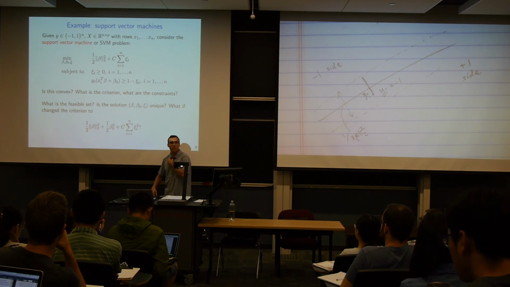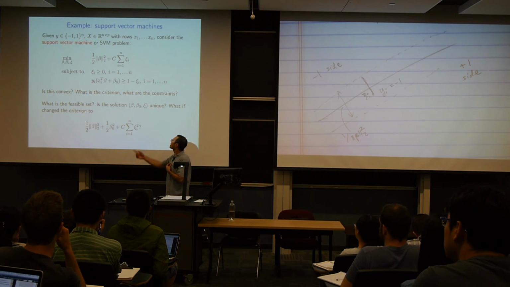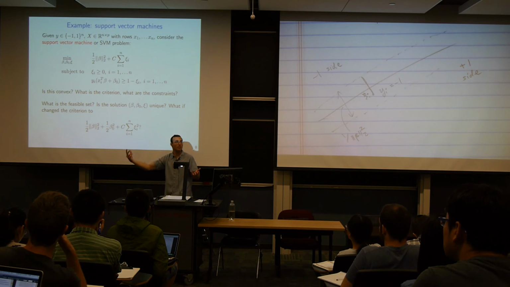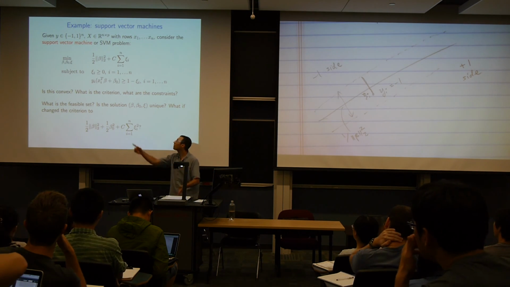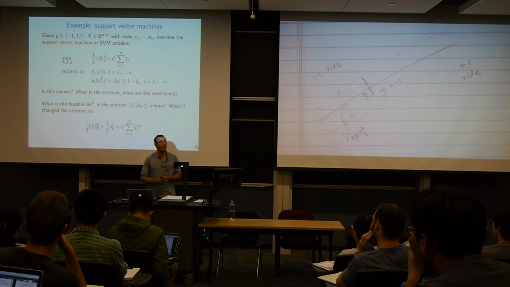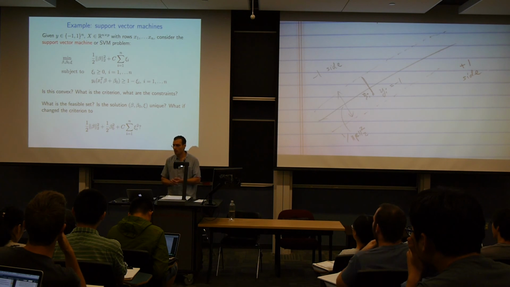And all the constraints are convex ones. I have just an inequality constraint on psi i, and this is just one big affine inequality. If you unravel the involvement of beta naught and psi i, it's one big affine inequality. You move it all to one side if that makes it more transparent. So yes, it is a convex problem.